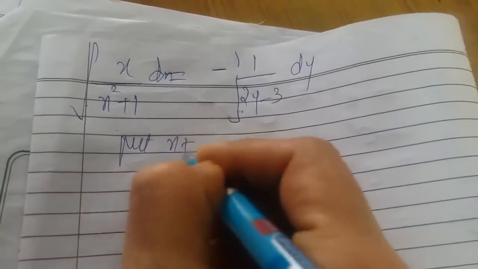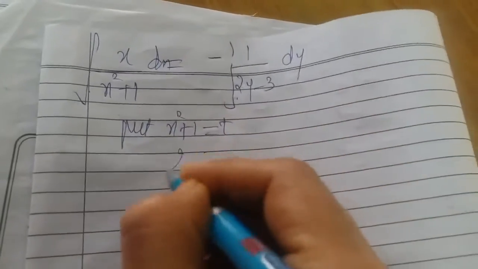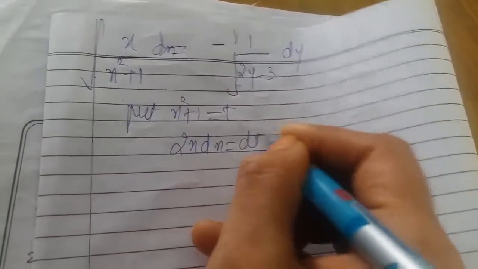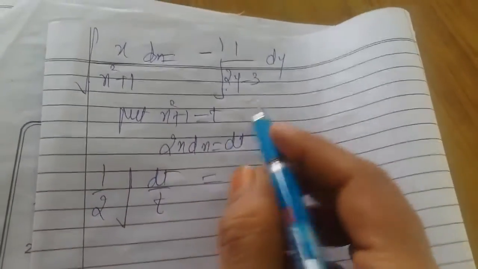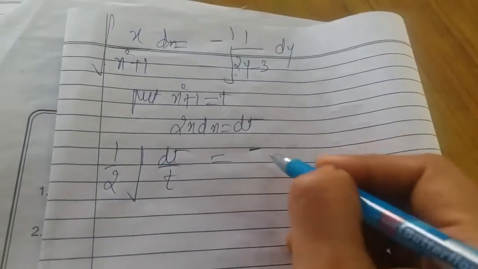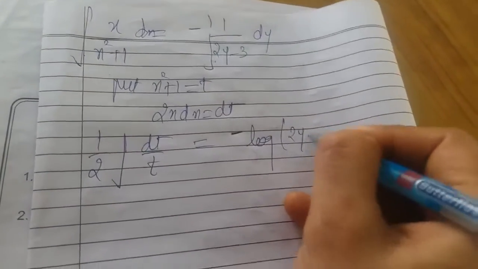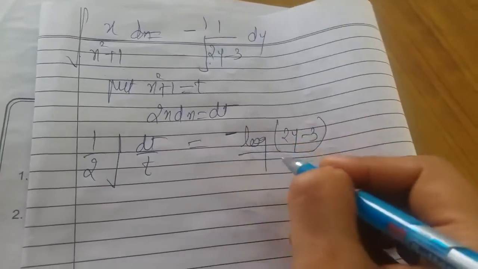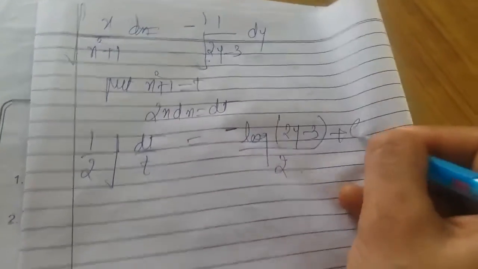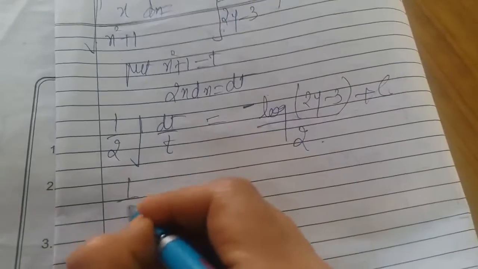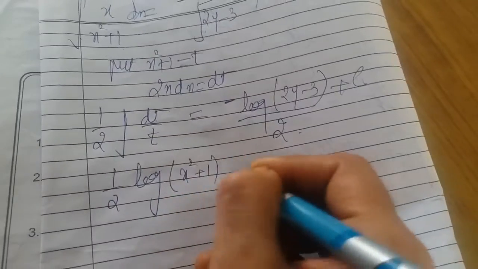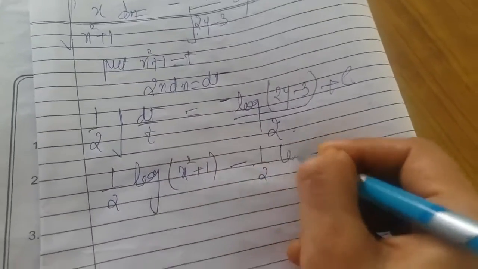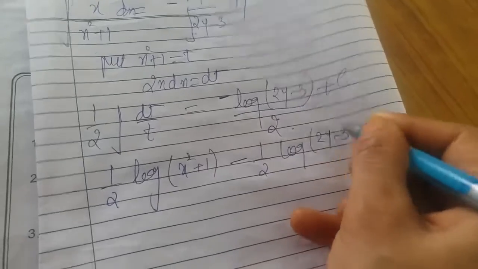Put x square plus 1 equals t, so 2x dx equals dt, so it will become 1 by 2 dt upon t. Here on integration you get minus log of 2y minus 3, and the differentiation of 2y minus 3 is 2, so it is whole upon 2, plus c. And it is half log t. Put the value of t: half log of x square plus 1 equals minus half log of 2y minus 3 plus c. That will be your answer.